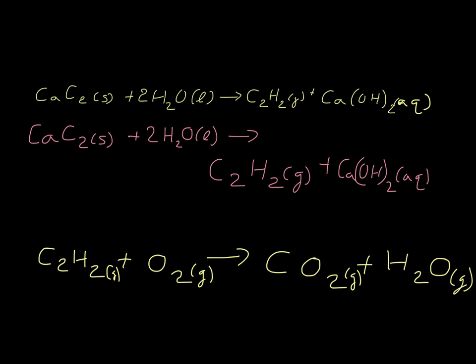The subject and object of today's lecture is for you to be able to place those coefficients in a chemical equation yourself. Why do we put these coefficients there, and where do they come from? They come from the law of conservation of mass.